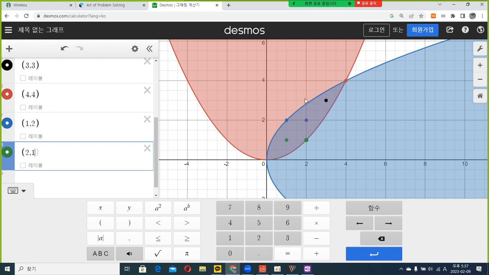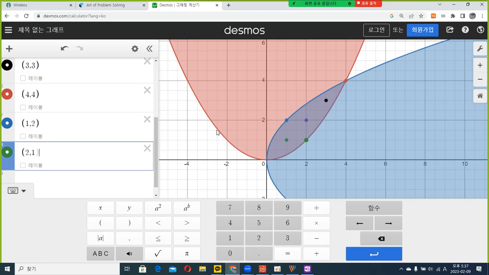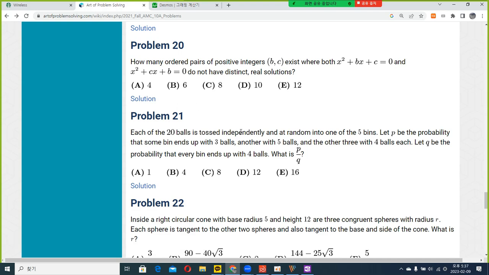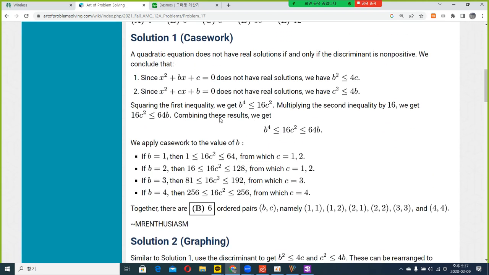Other points are not included. So there are these 6 points. So 6 pairs are possible.